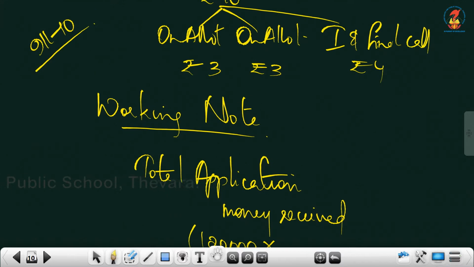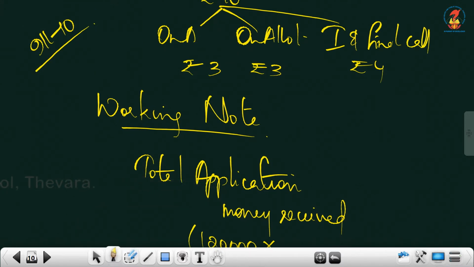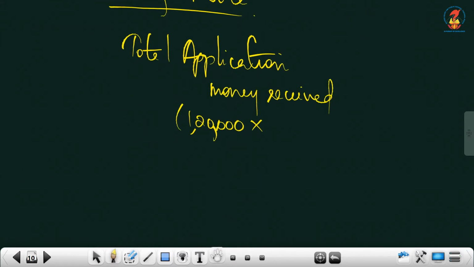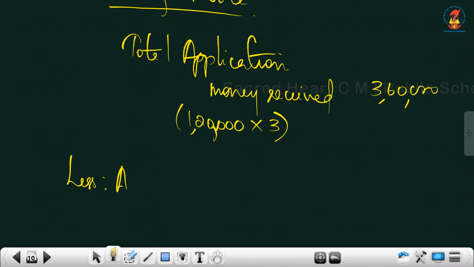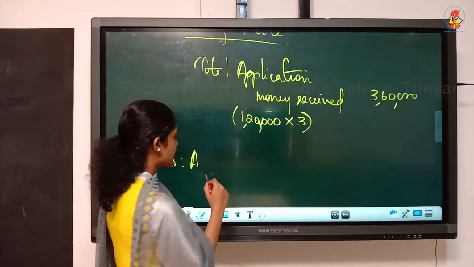What is application per share? The application per share is 3. So you must do 1,20,000 into 3. So that is 3,60,000. This is the working note you have to do. Then less. Every question, if it is with oversubscription, this is how you have to start.